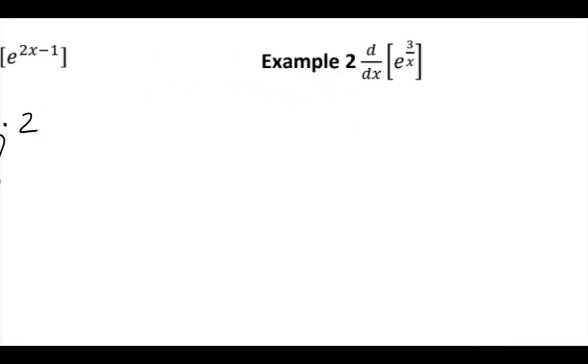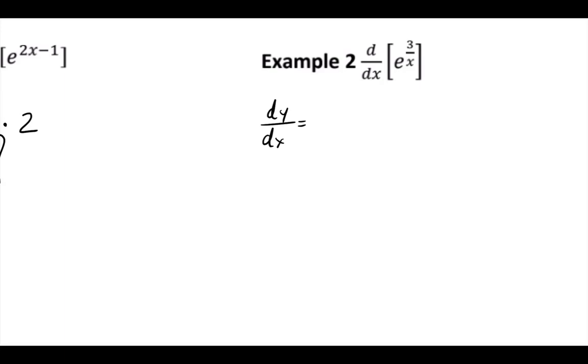Now, before I start example number 2, what should I do? What do you see that we've seen in the past that would help us to find the derivative? Before we start the derivative process, what would help us?